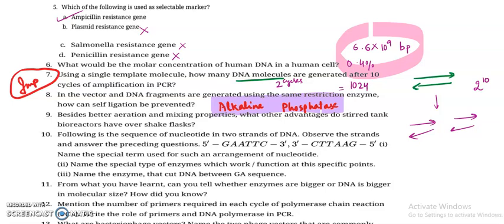Next question is, besides better aeration and mixing properties, what other advantages do stirred tank bioreactors have over shake flasks? This question is given indirectly in NCERT, that bioreactors are always better than shake flasks because they provide the right pH, they provide oxygen, they provide the right temperature, they provide the right pressure and substrate, which is otherwise not possible in the shake flask.